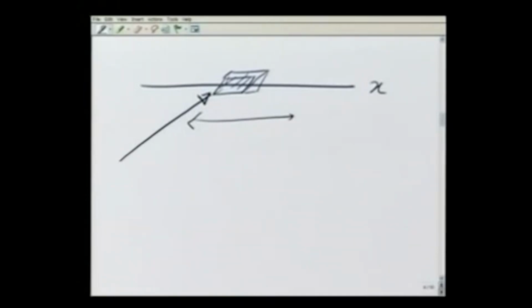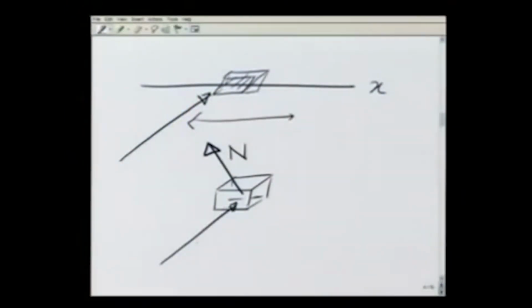So if I apply a force on this, what does the wire do? The wire applies a normal reaction on this body. Why does the wire apply a normal reaction on this body? Because it doesn't want it to move anywhere except along the wire. So it is this normal reaction N that is really restricting the motion of the particle along the wire.